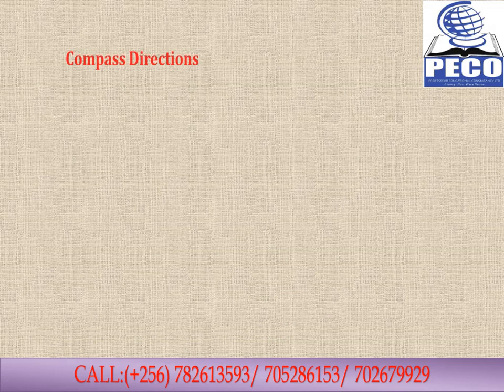So that is one way of locating features on maps using grid references. Two, we can equally locate places on a map using the compass direction.